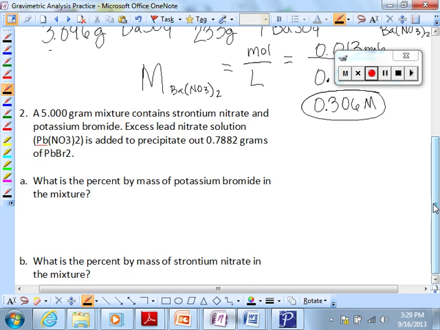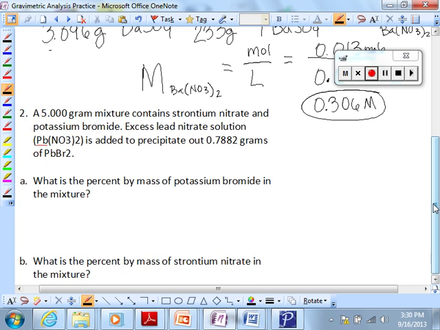Number two, a slightly different problem. If you have not worked this yet, pause and do so, and then come back and watch me work it. Again, you need to work things on your own first. So we have a 5 gram sample of the mixture. It has strontium nitrate and potassium bromide in the mixture. So we keep seeing these mixture problems. First we saw them in the lab with our potassium bicarbonate, potassium carbonate.